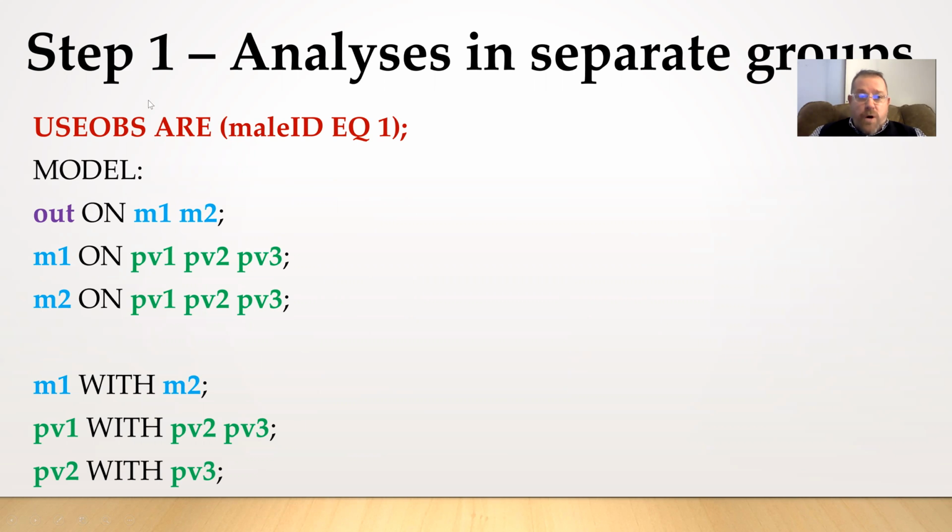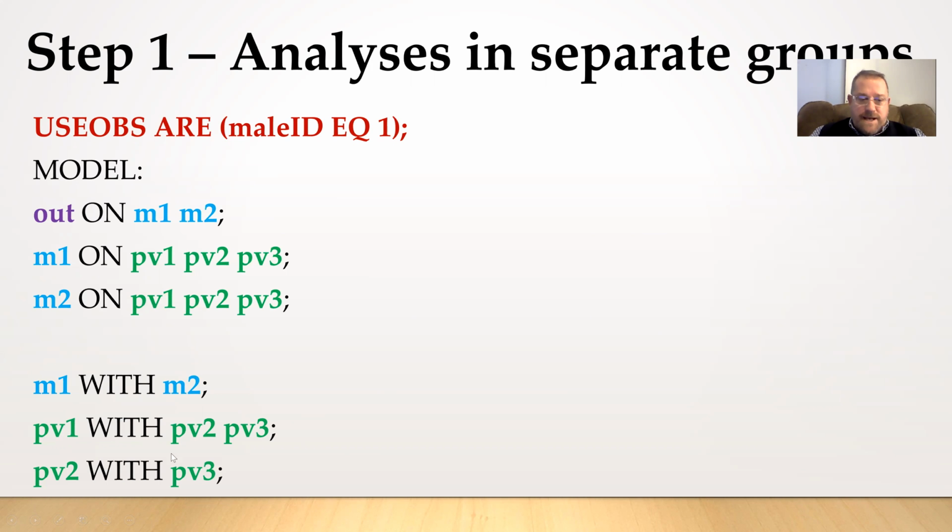So step 1 for model invariance, we could test the model in each gender group separately. So the outcome variable regressed onto the 2 mediators, mediator 1 regressed onto the 3 predictors, mediator 2 regressed onto the 3 predictors, letting the mediators correlate with each other and letting the predictors correlate with each other.